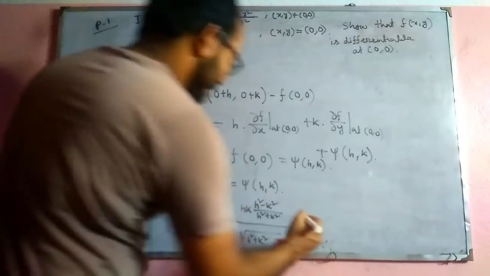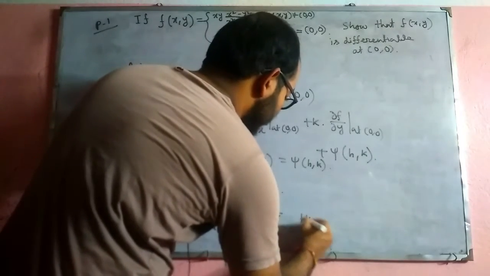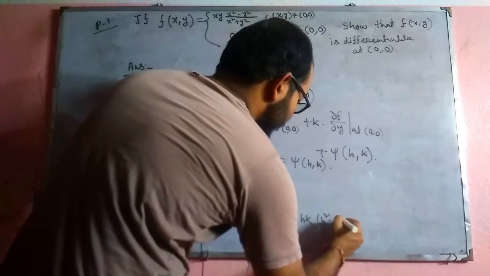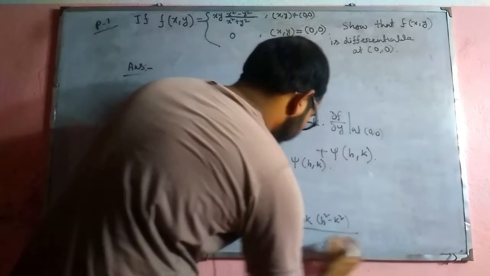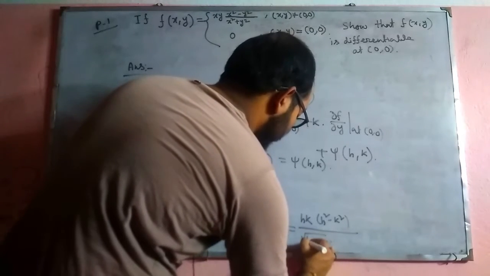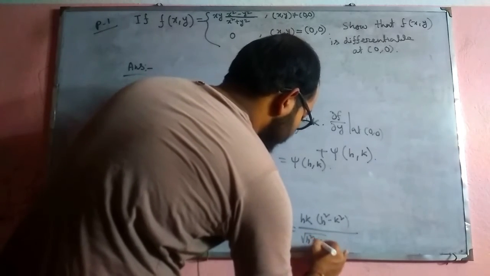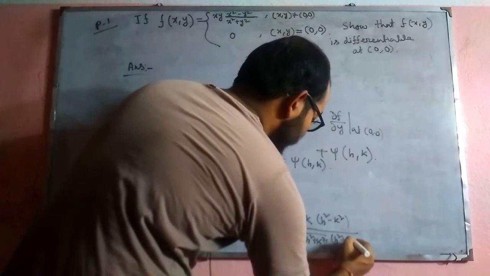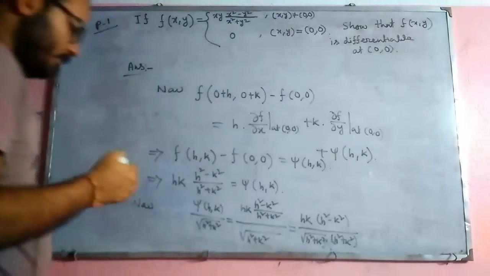See, hk(h²−k²)/((h²+k²)·√(h²+k²)), okay.